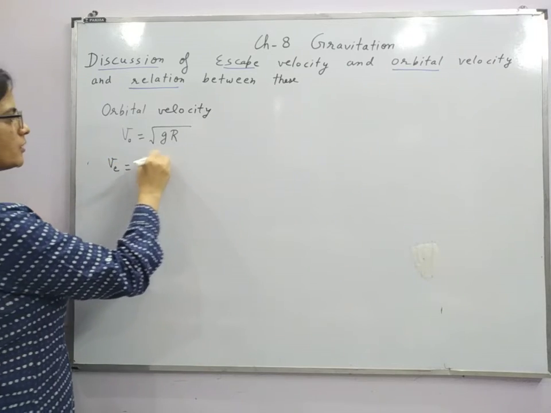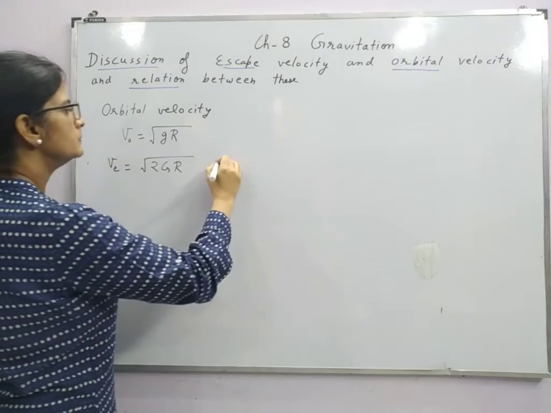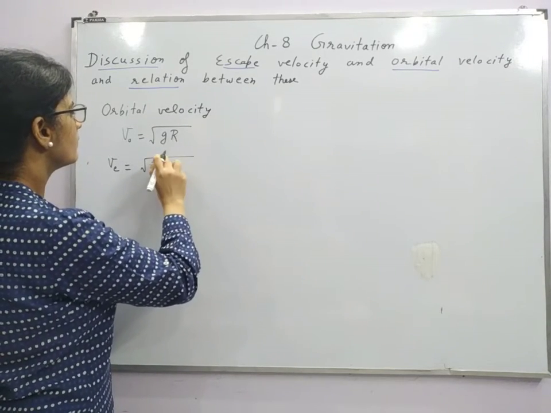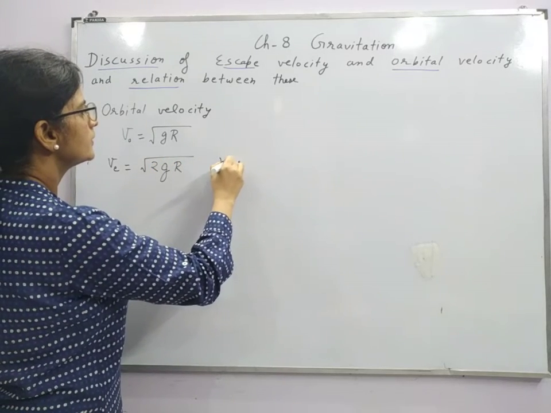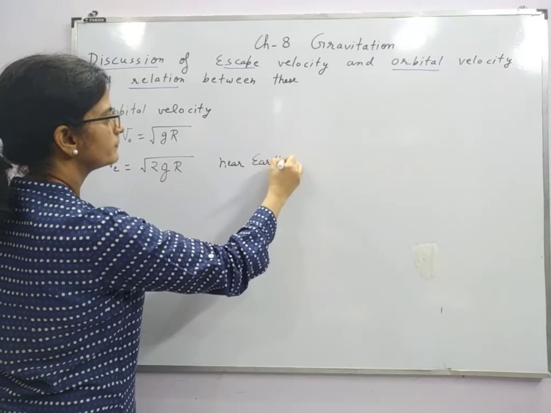Escape velocity is under root of 2gR near Earth's surface.